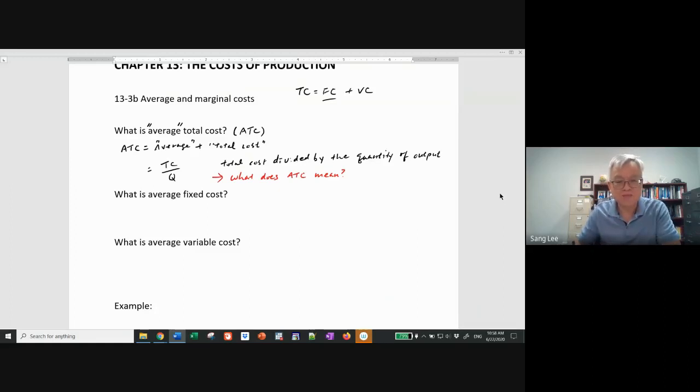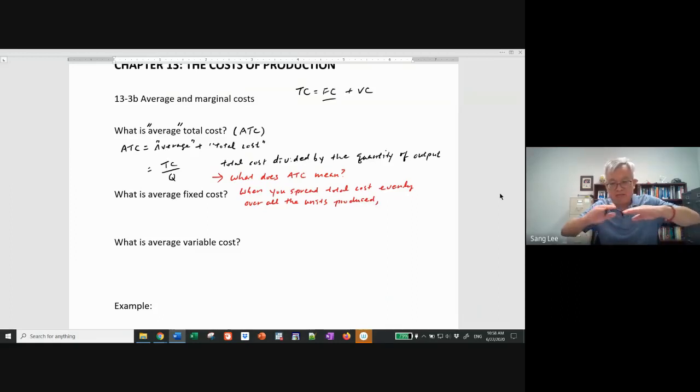So average total cost means when you spread total cost evenly over all the units produced, then how much does the typical unit cost? So that's the meaning of average total cost.